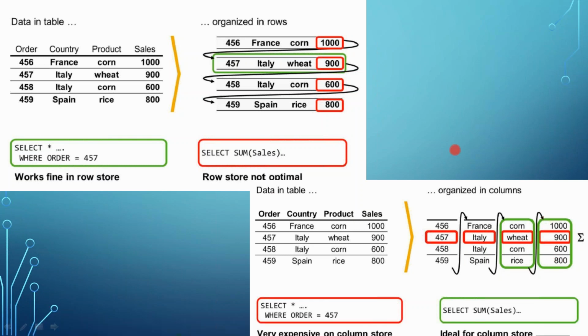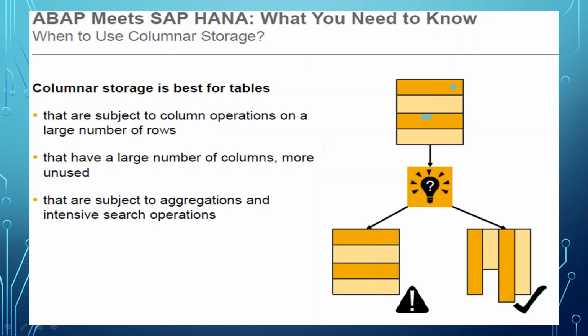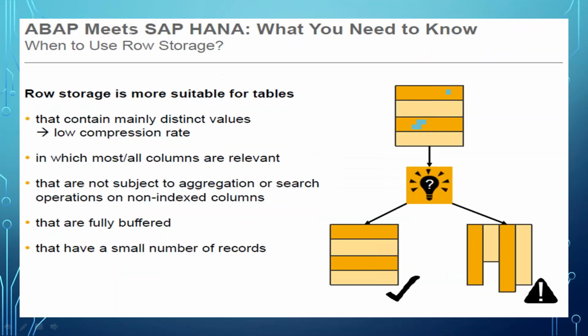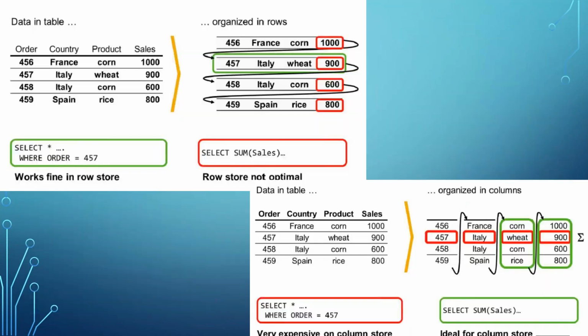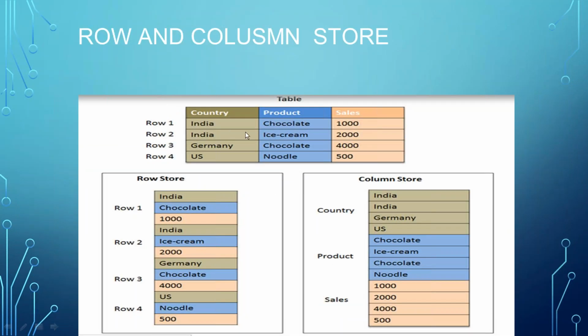Now, if you want to see the actual storage of the data, normally in HANA you'll see a table only, whether it is row store data or column store data.